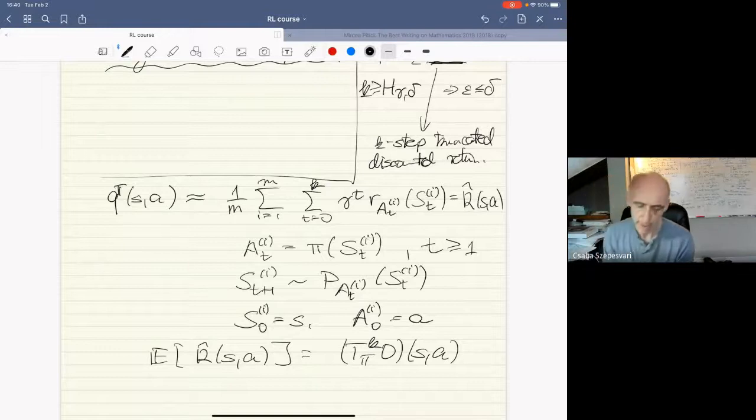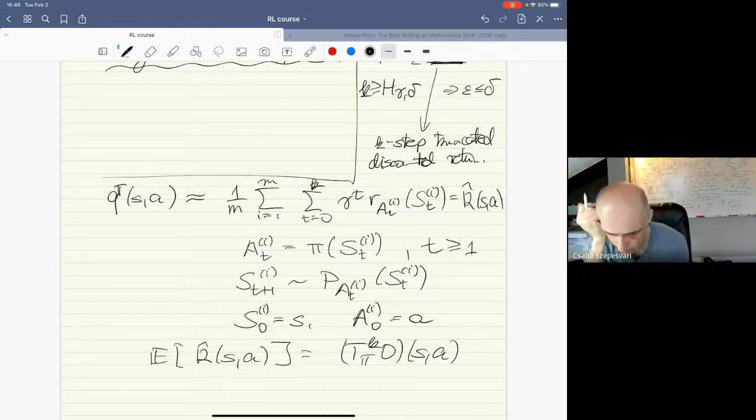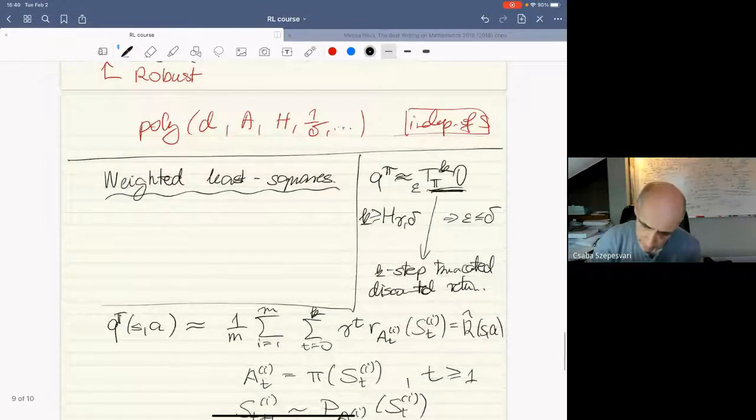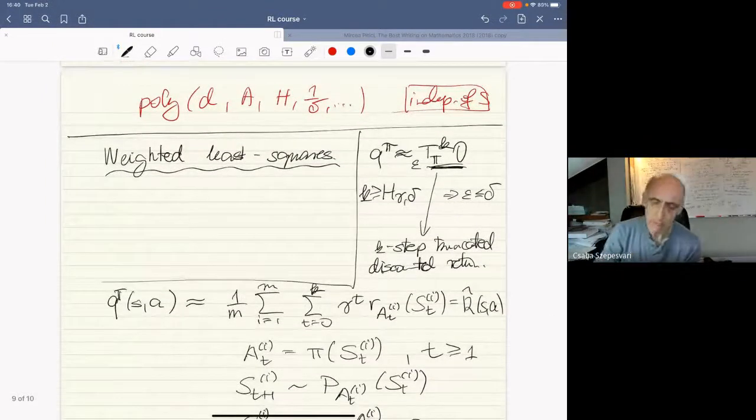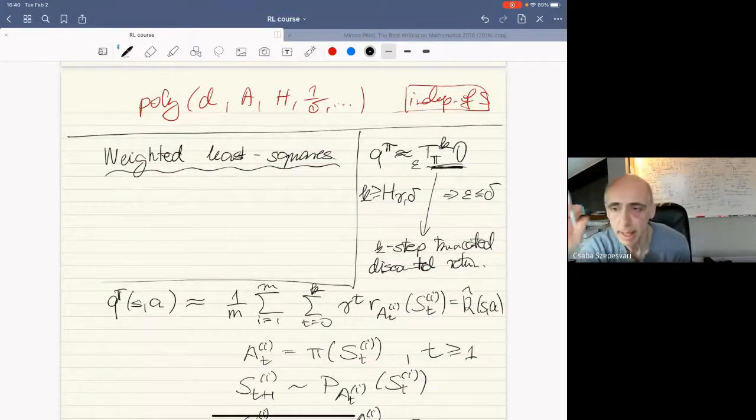So we know that the terms that we are ignoring are going to be small because k is big enough. We can run all these simulations. And so in a way, we can measure Q pi up to some error that we can control, by making k large. We can control that error.